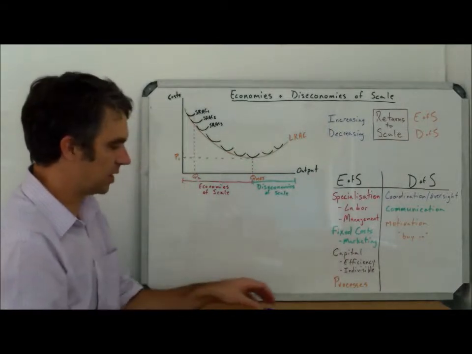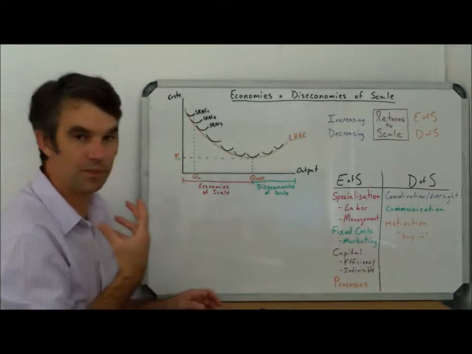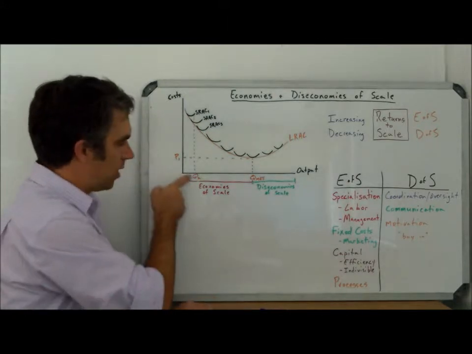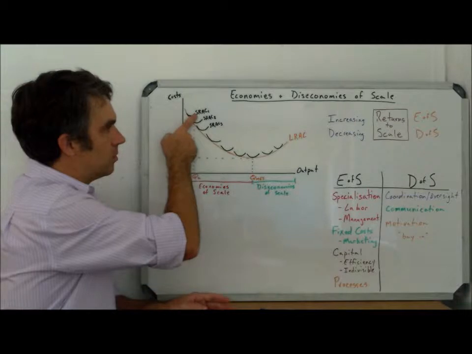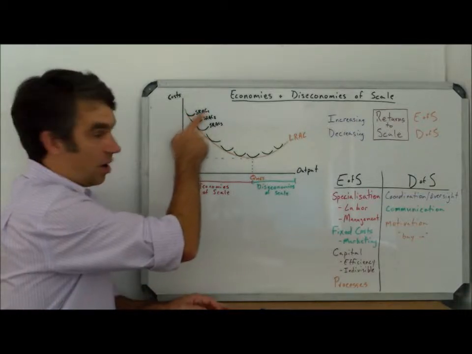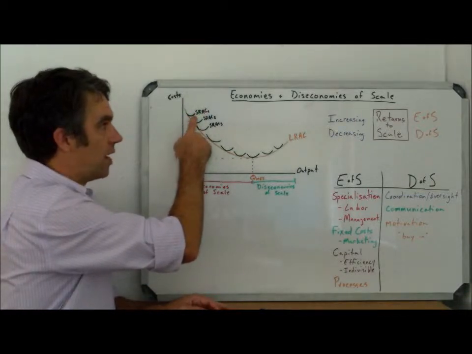You don't need to draw that many though. The analysis that we can do from this is to look at, okay, if I'm a firm and I want to produce Q2, I can produce Q2 at short-run average cost 1, or on the short-run average cost curve 1.